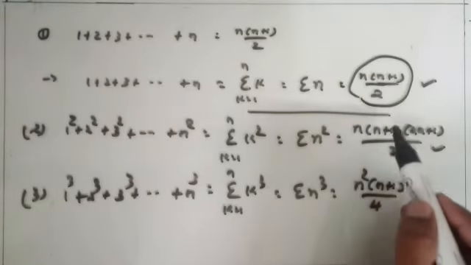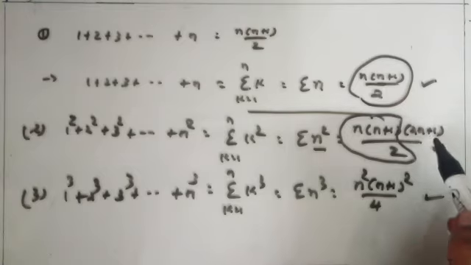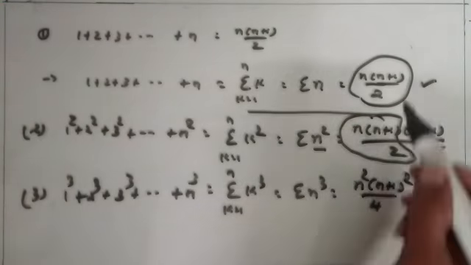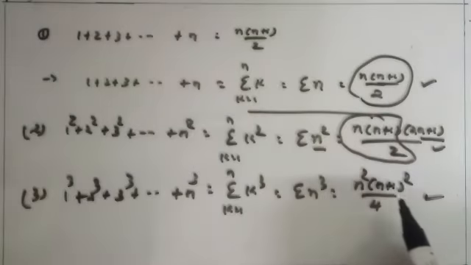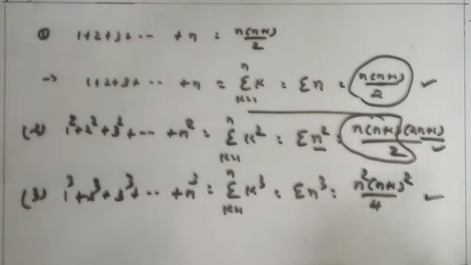In sigma n square, only multiply with (2n plus 1) by 3, and in sigma n cube, multiply with the same number, n(n plus 1) by 2, so there are 2 squares, that is 4. Okay.